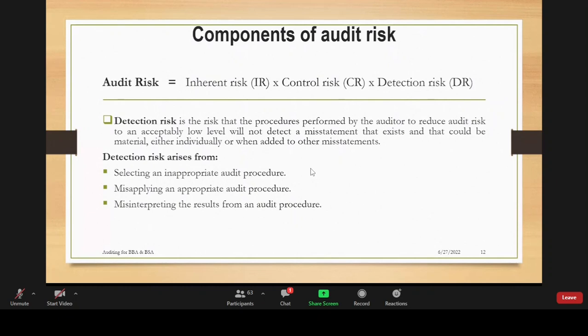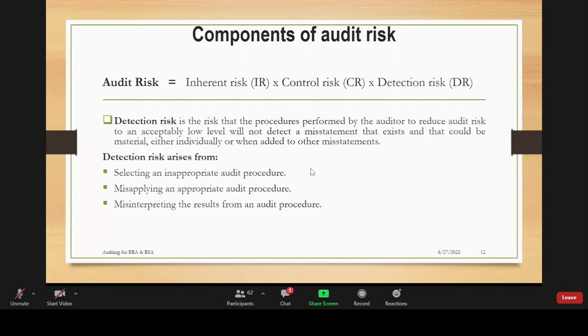The procedure done to ascertain the stage of completion is right, but you interpret the results the wrong way. So you may find from your interpretation that there is no material misstatement, yet in reality there is. That means you have failed to detect it. So that is the detection risk.